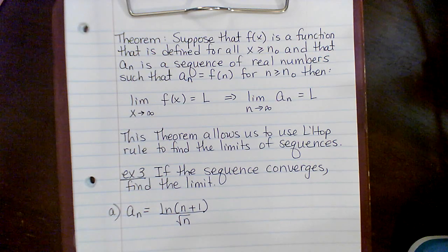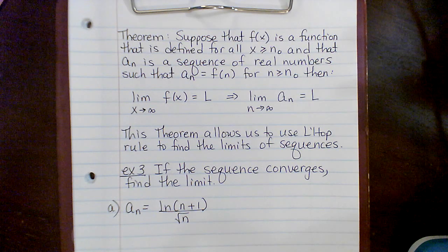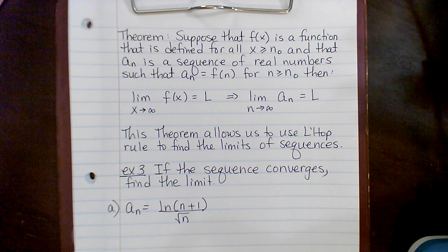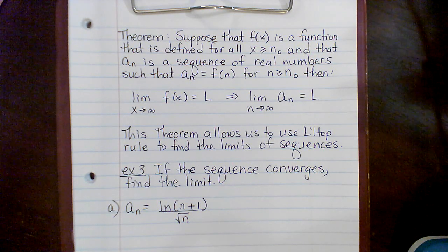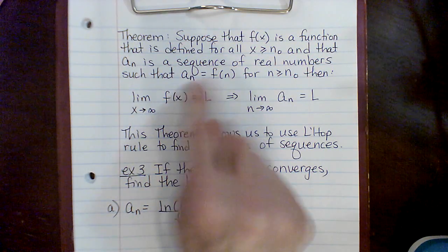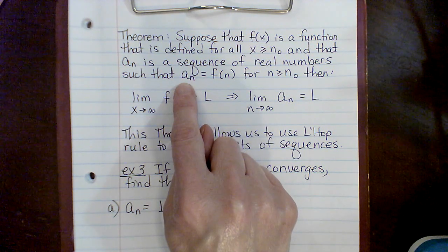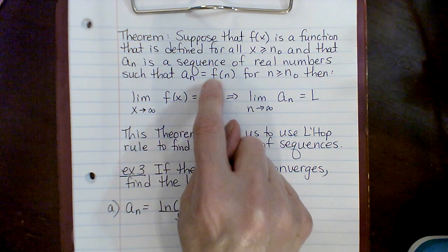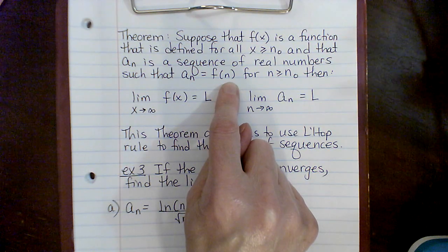Suppose that f of x is a function defined for all x bigger than or equal to n sub 0, and that a sub n is a sequence of real numbers, and we define it so that the a sub n, the terms of our sequence, line up with the function values at those n values, right? And here's the kicker.